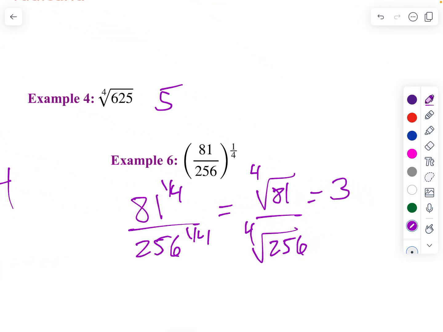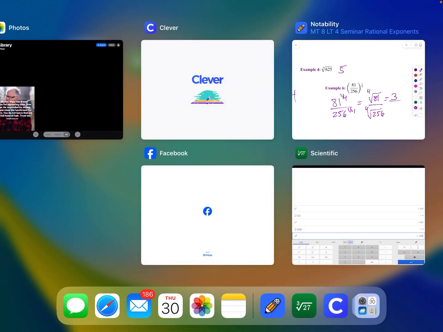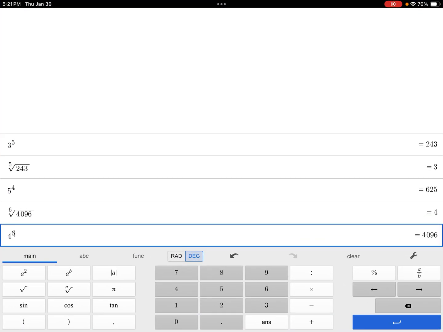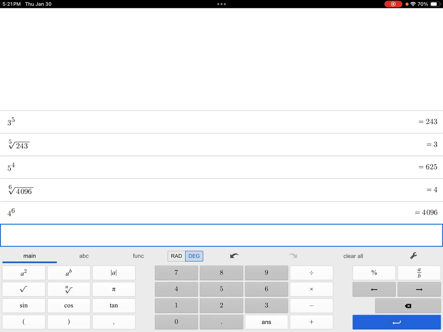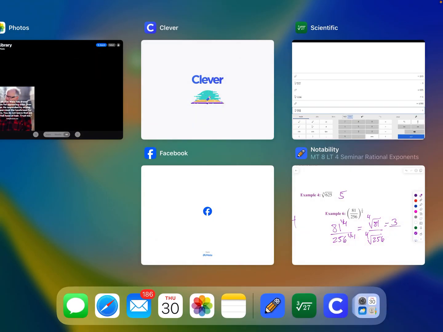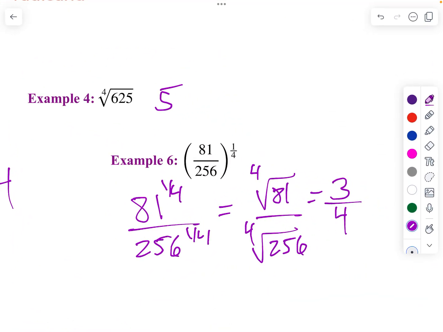The 4th root of 256, let's find out. Let's take the 4th root of 256, and that is 4. So that turns out to be 3/4.